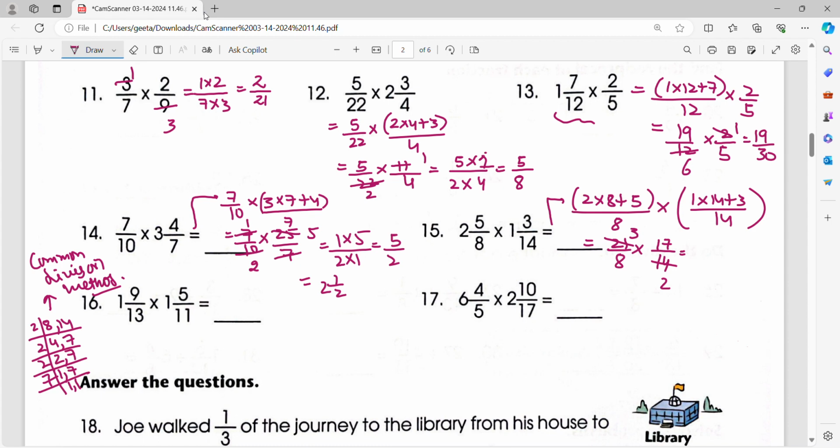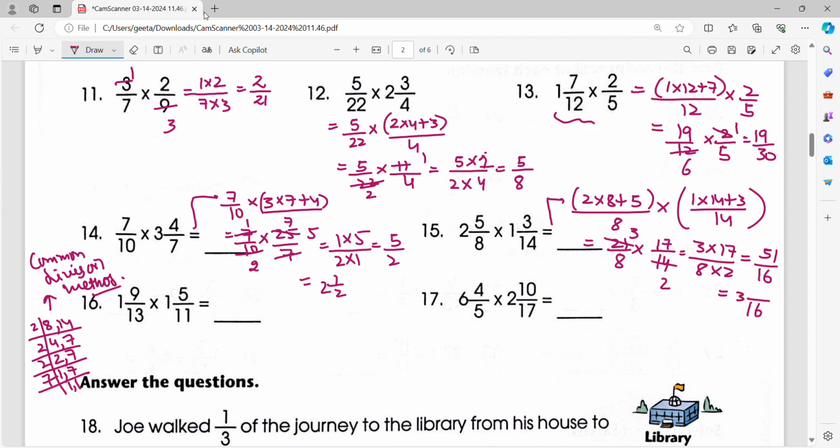Am I clear? Okay, nothing else is getting divisible. So our answer is 3 into 17 over 8 into 2. 17 into 3 is 51 and 8 into 2 is 16.